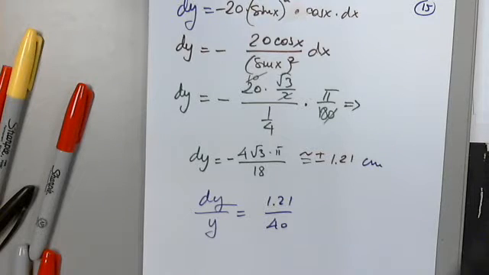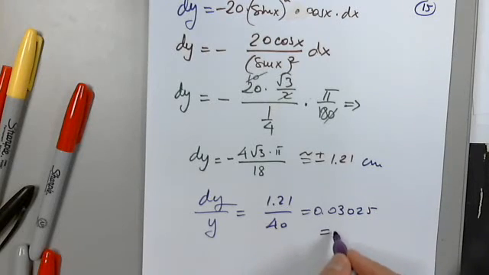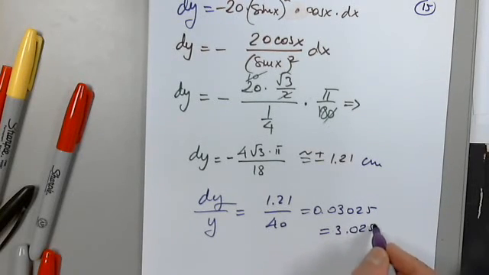So the relative error, percent error, would be 1.21 divided by 40. So it's 0.03025 or 3.025%.